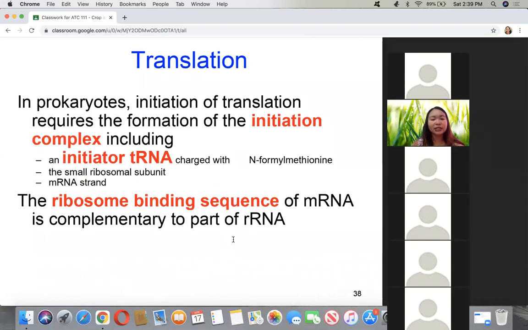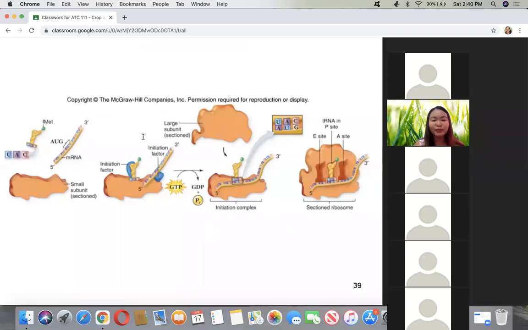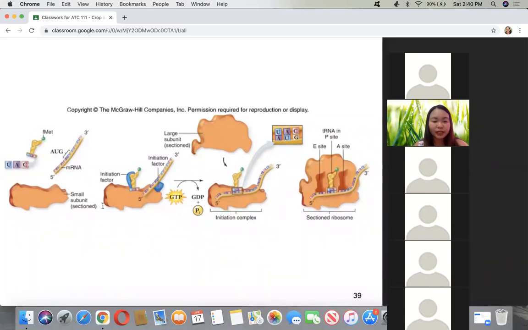Translation, since that was only transcription, requires the formation of the initiation complex, including the initiator tRNA, and binding of the mRNA sequence and its complementary parts. These are the steps that happen in translation: initiation factors and so on. This is only the initiation stage.